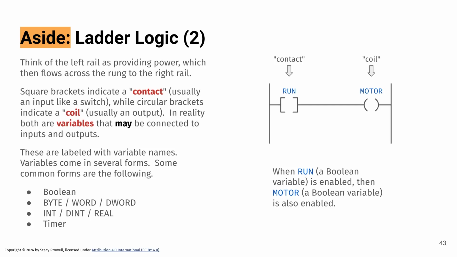So, for example, with this example, if the run switch is closed, then motor over there is enabled and becomes true. And there are different kinds of variables. There's Booleans, bytes, words, D words. It's a whole collection of them.